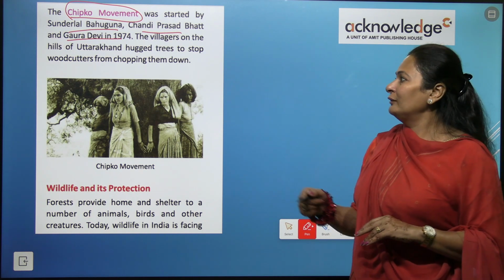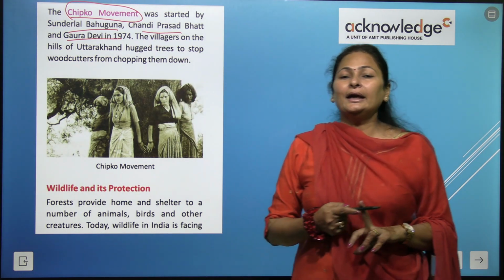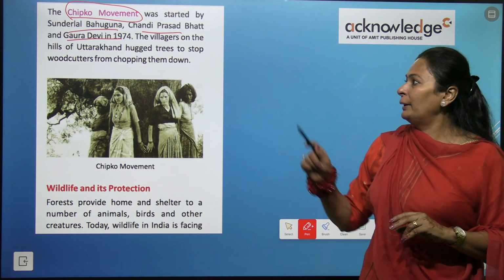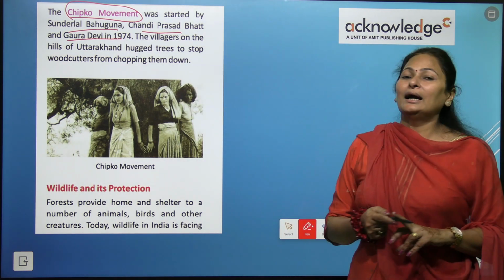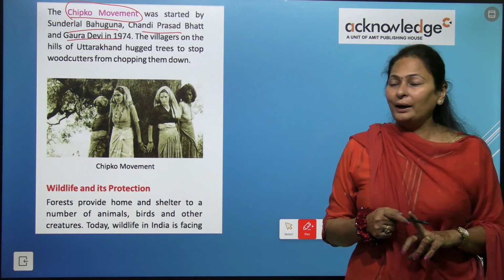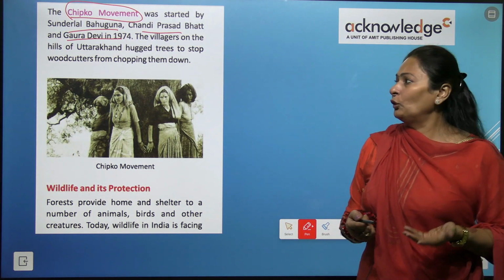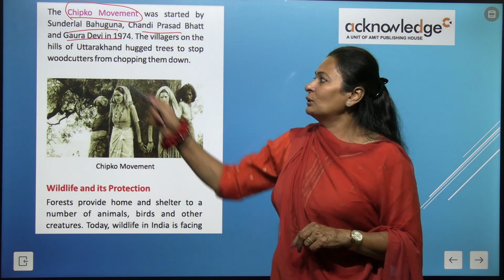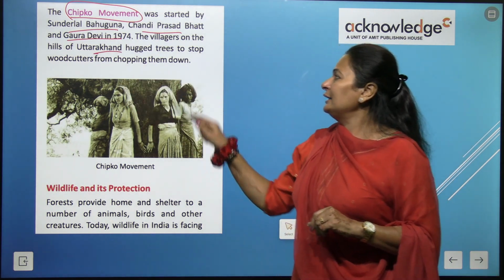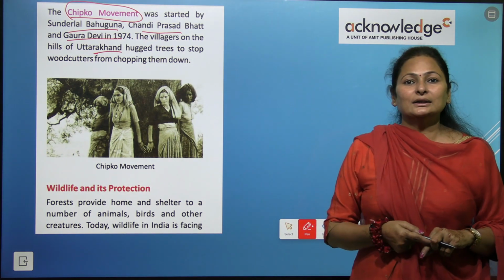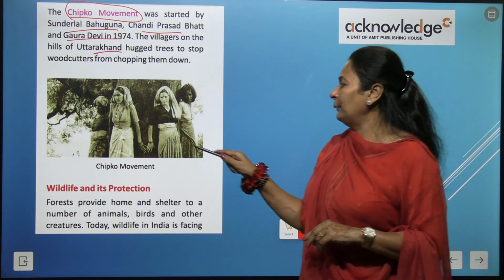You should remember this, and this question can be asked in further classes too, in higher classes. Chipko movement was started in 1974 by Sundarlal Bahuguna, Gaura Devi and Chandi Prasad Bhatt. Now, what is this Chipko movement? The villagers on the hills of Uttarakhand hugged trees to stop woodcutters from chopping them down.